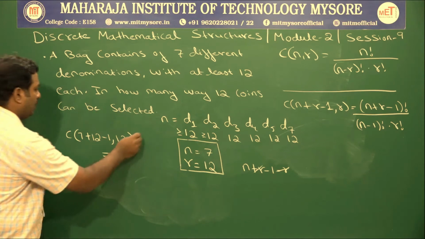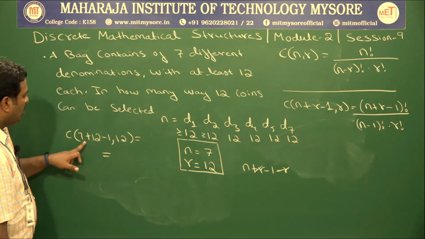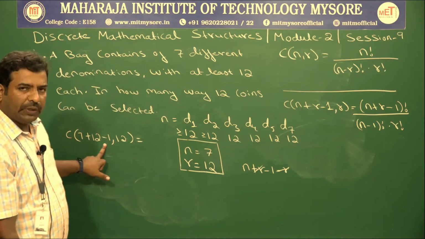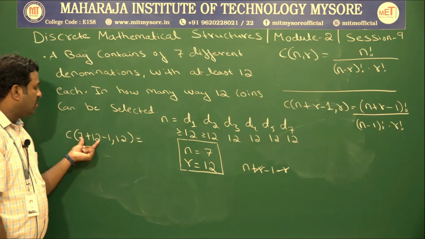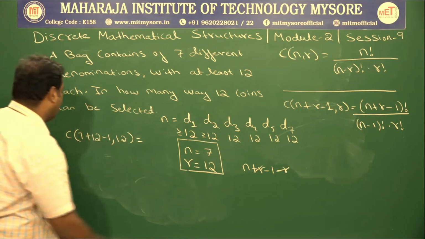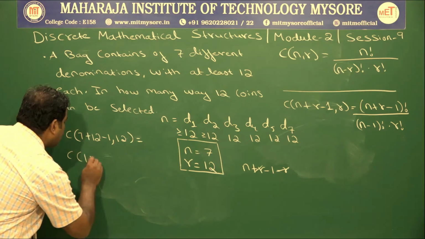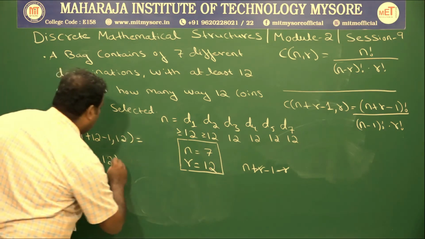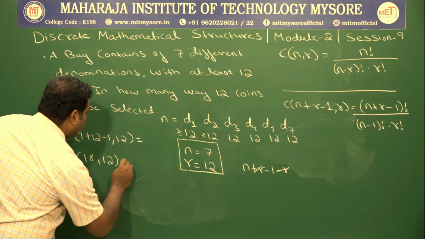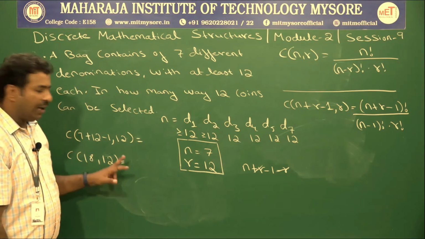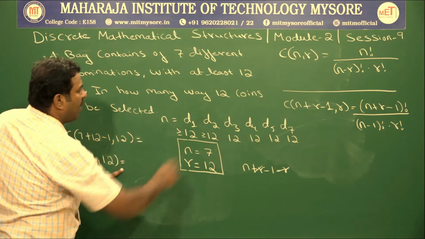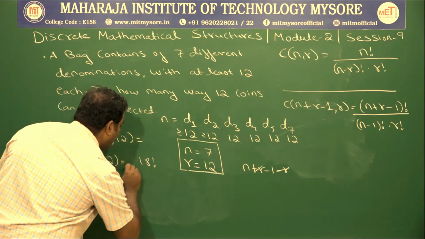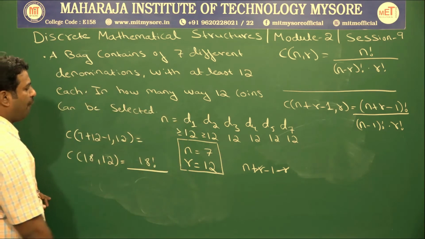This is equivalent to, let me write it down here. 7 plus 12 minus 1: 7 plus 12 is 19, 19 minus 1 is 18, and so we are going to have C of 18 comma 12, which is equivalent to n plus r minus 1 factorial, now 18 factorial, divided by n minus 1 factorial.